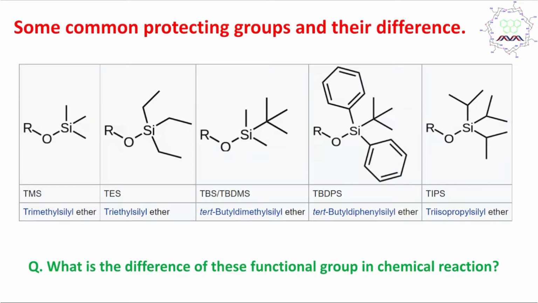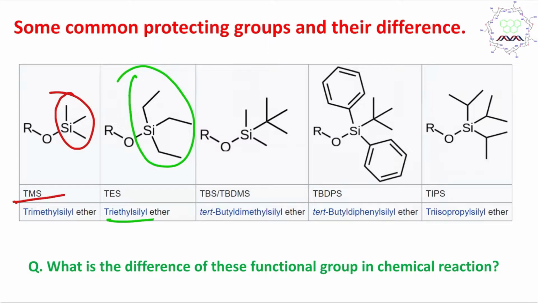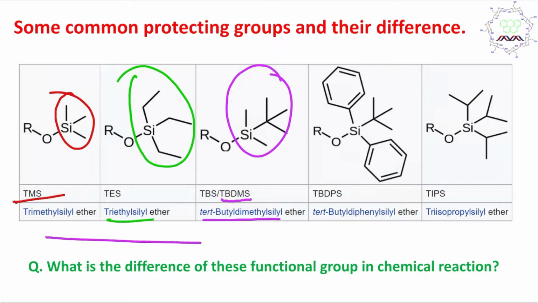Now, what is the modification on the reagent side? This is the trimethylsilyl group or TMS group, another is triethylsilyl, and another is tert-butyldimethylsilane. So as we go from here, what is happening?